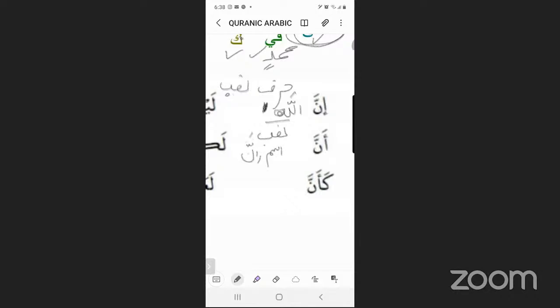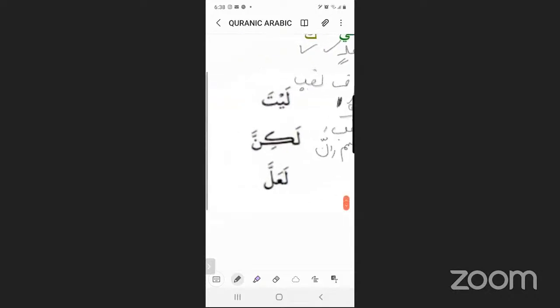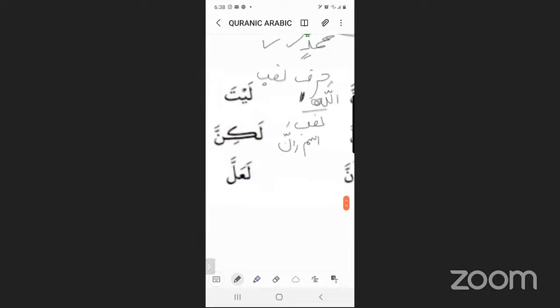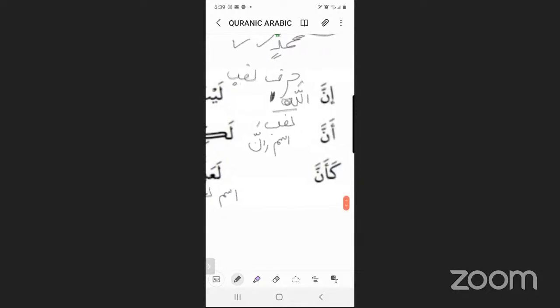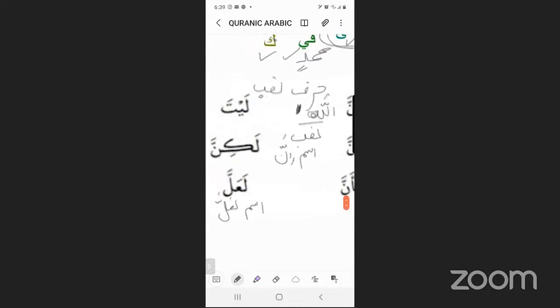If it's anna, the next word will be ismi anna. If it's ka'anna, it will be ismi ka'anna. Lakinna comes and the word next to it is ismi lakinna. If it's la'alla, the word that comes next is ismi la'alla. Whatever comes becomes nasab. Nasab means the sound.